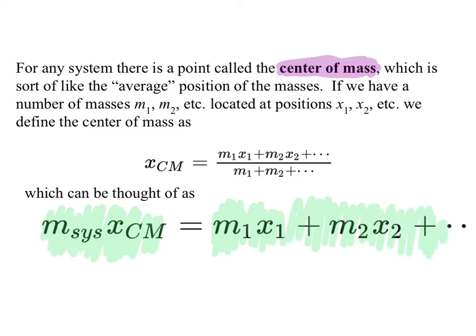I'm a fan of that in part because it means that there's complete symmetry in how we define these things, in which everything in the system has something, which is m times x, and the system itself has something, which is the system mass times its center of mass position. Notice that the system mass here is the same as this. So all I've done is algebraically solve it over, and it's not any different in a mathematical sense.